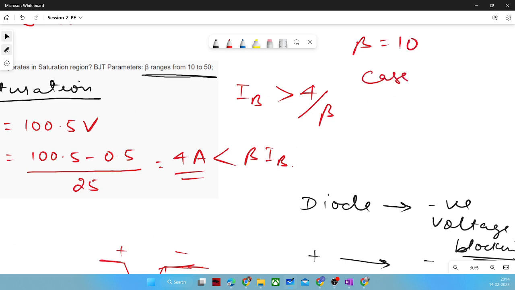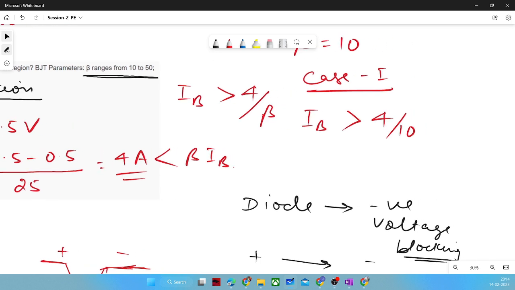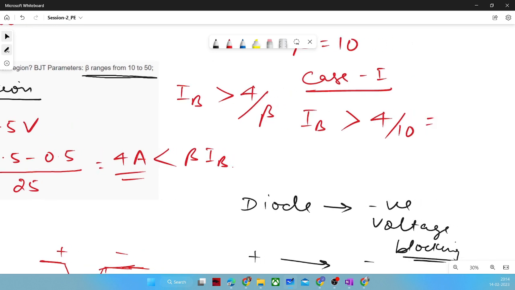So case 1, if IB is greater than 0.4 by 10, that is 0.04 ampere, then it is guaranteed that it will be higher than 0.4 by 50 if we take beta is equal to 50.